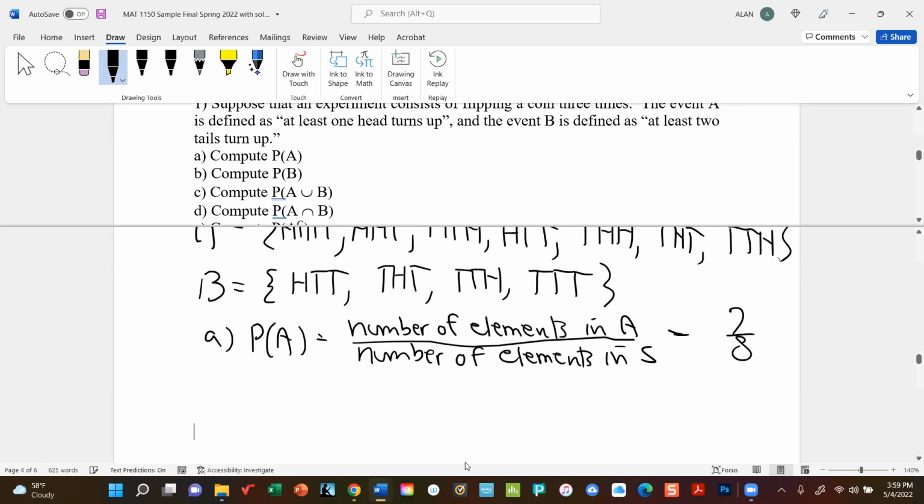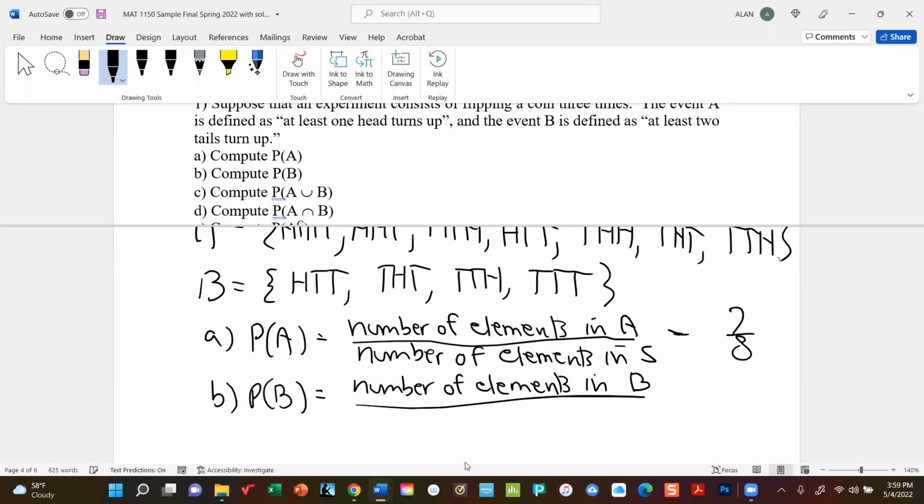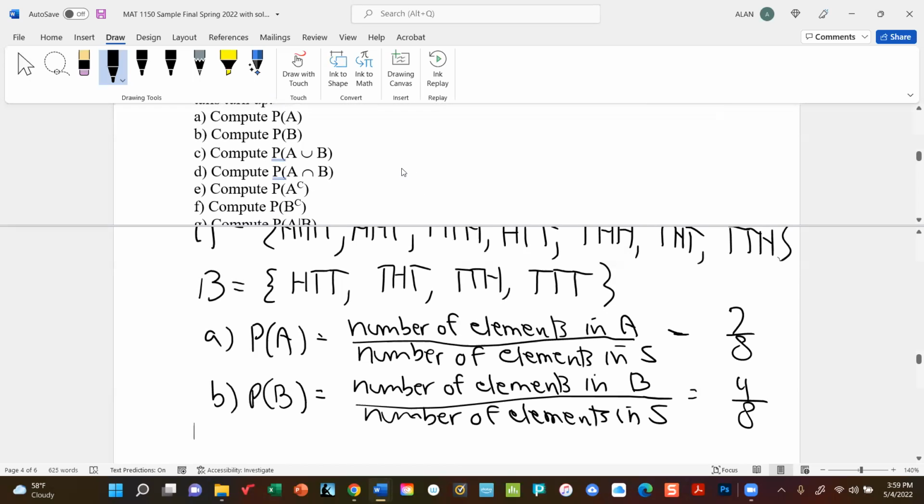And then similarly for B, the number of elements in B over the number of elements in S: 4 out of 8.